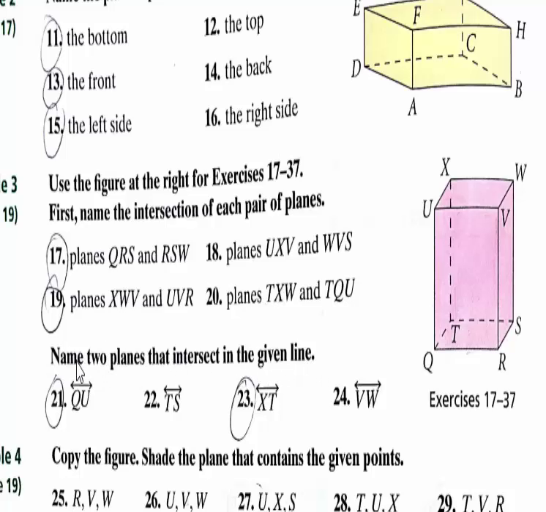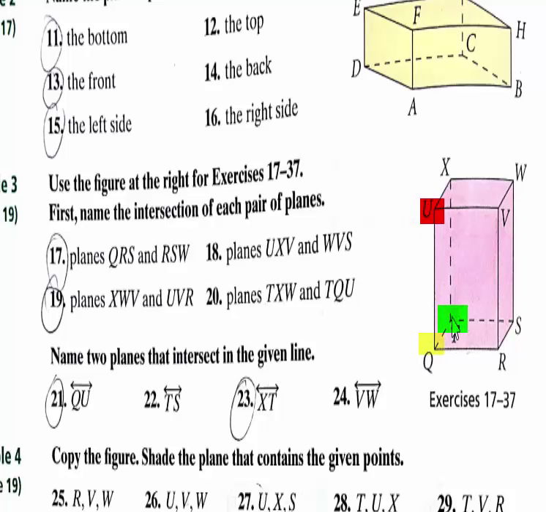If you look at the line that's given, let's look at number 21. It says line QU. QU is this edge right here, and this edge is the intersection of the left side of the box and the front of the box. So for the left side of the box, pick any of the 3 points. I'll go with UQT.